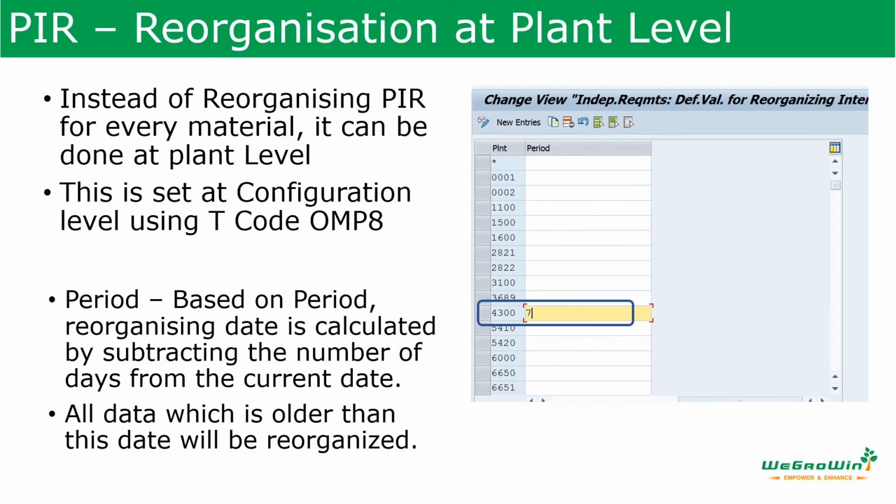For example, I am putting 7 here. So whenever we do this reorganization, the system will take the current date, and whatever PIR is older than 7 days before that, the system will reorganize. All the data older than this date will be reorganized. This is a very useful tool to clean the system through the program instead of doing it manually one by one. By doing this, you are also keeping the system clean. That's very important.